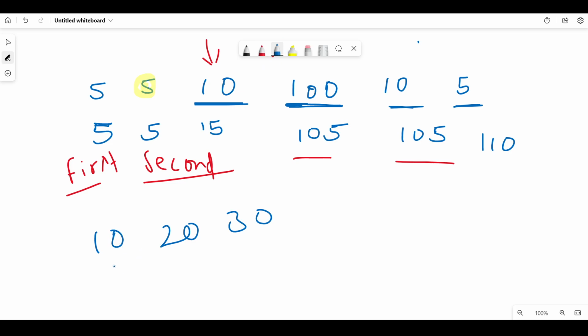So when I'm here, the maximum amount the thief can have is 10. And when here, I can simply compare these two values, and the maximum of them will be the maximum amount of money he can have till this house. Why is it 20? Because the thief will skip this and rob this house, because it has the maximum amount of money in these two houses.